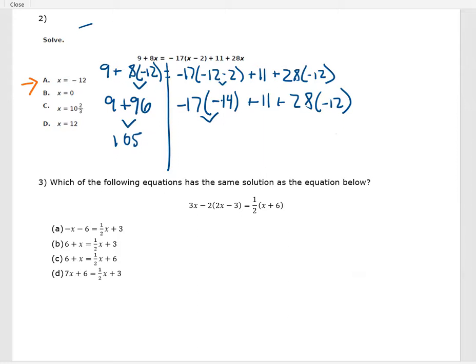Negative 17 times negative 14 is 238 plus 11 plus, and then I have 28 times negative 12, which is negative 336. Then I have 238 plus 11.